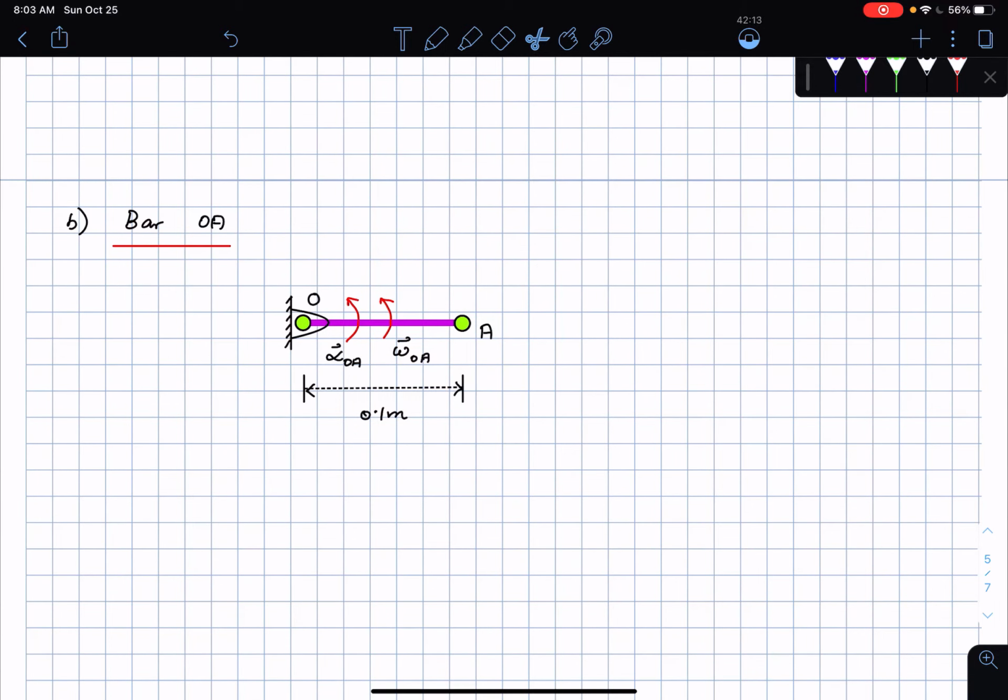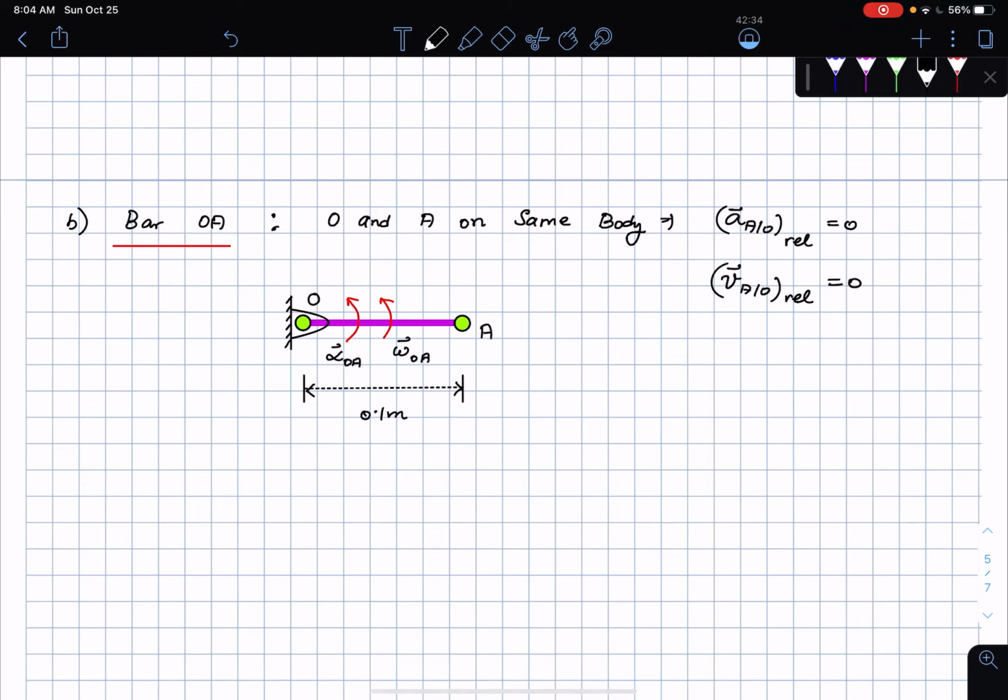Obviously we know some information about this bar: points O and A are on the same body, which implies that the acceleration of A/O relative is 0 and the velocity of A/O relative is 0. And O is a fixed point, which implies that the acceleration of O is 0.